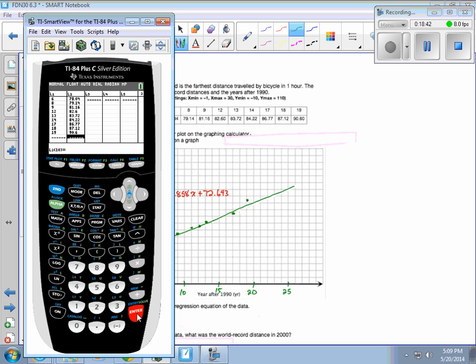So now for our window, we wanted to change this to -1, 30. Y min was -10, and Y max 110.